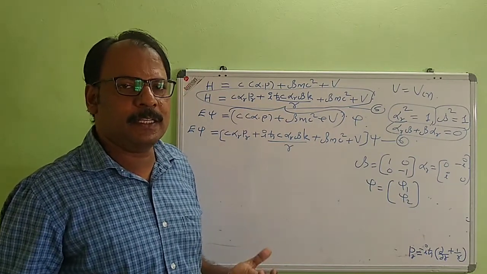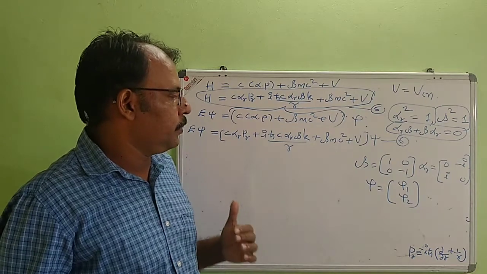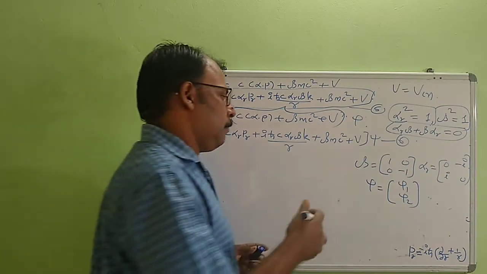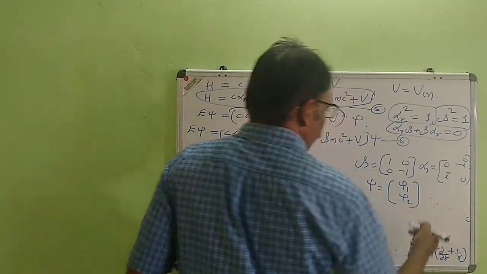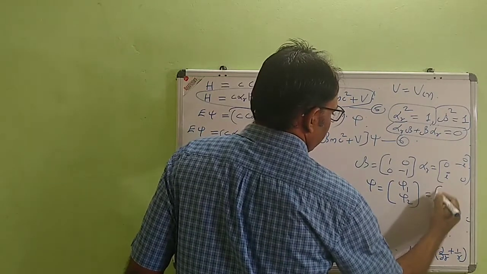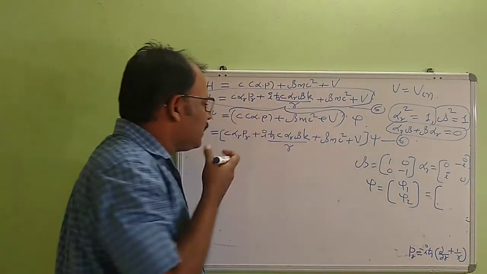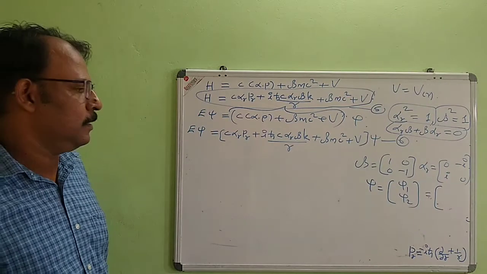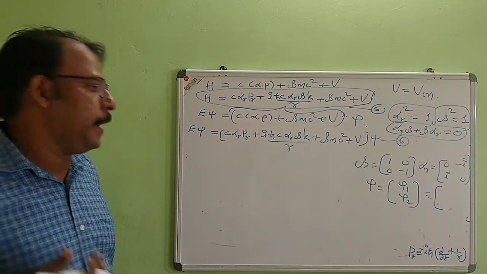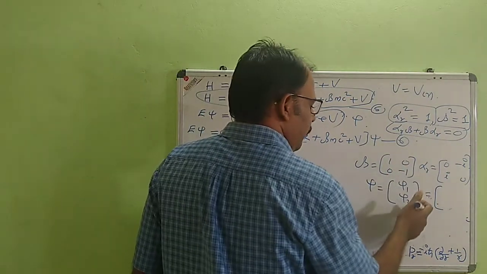When I take the energy eigenvalue, we should require the radial part of this equation. In the hydrogen atom we took psi radial as F by R. In a similar way, we have two components.